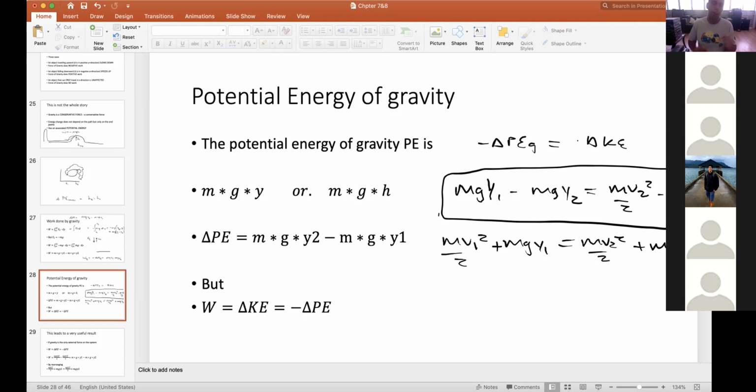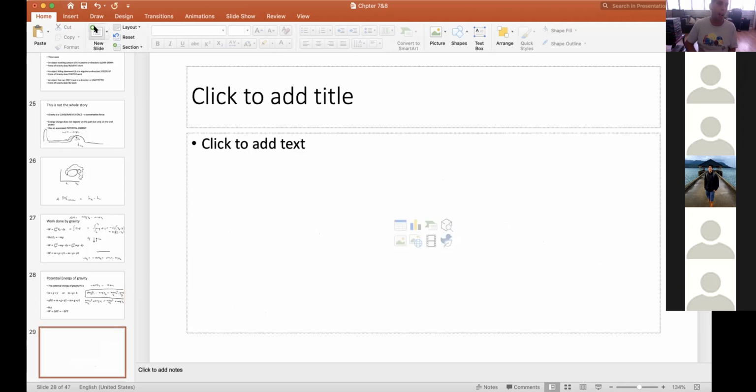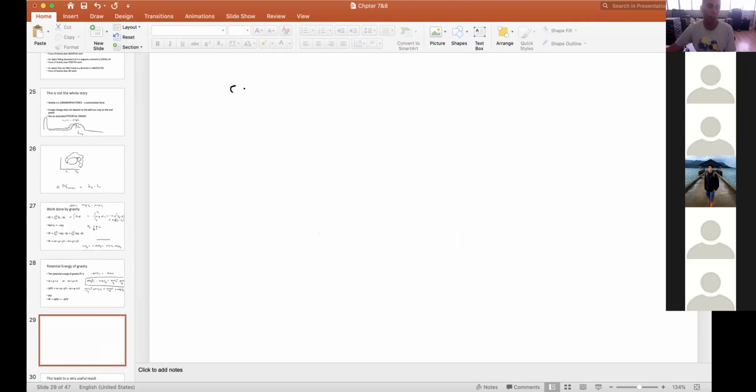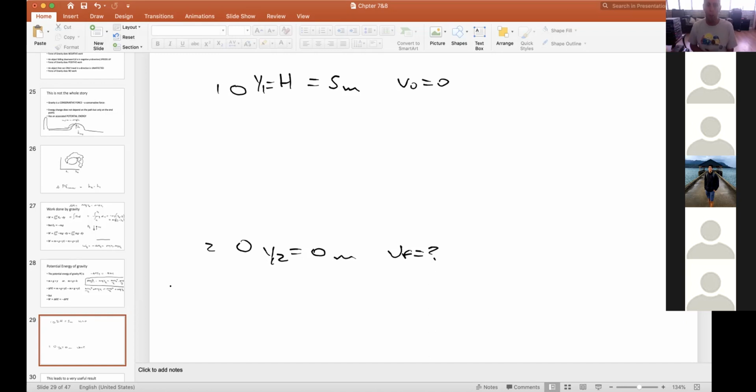which means that if I choose, and I'm going to do this with gravity, if I choose an object that drops from height, so let's say y1 is equal to h, which is equal to 5 meters, y2 is equal to 0 meters, v initial is equal to 0, and v final, I don't know. All I have to do is choose 2 points. I'm calling this point 1, I'm calling this point 2.